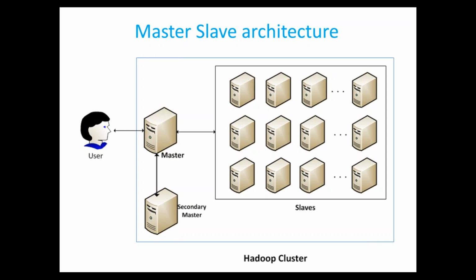There was a big task. Hadoop was splitting that task into multiple smaller parts and distributing among multiple teachers. Similarly, in Hadoop, we have a concept of master and slave machines, as you can see. As a user, we always interact with the master machine. We cannot interact with slave machines directly.